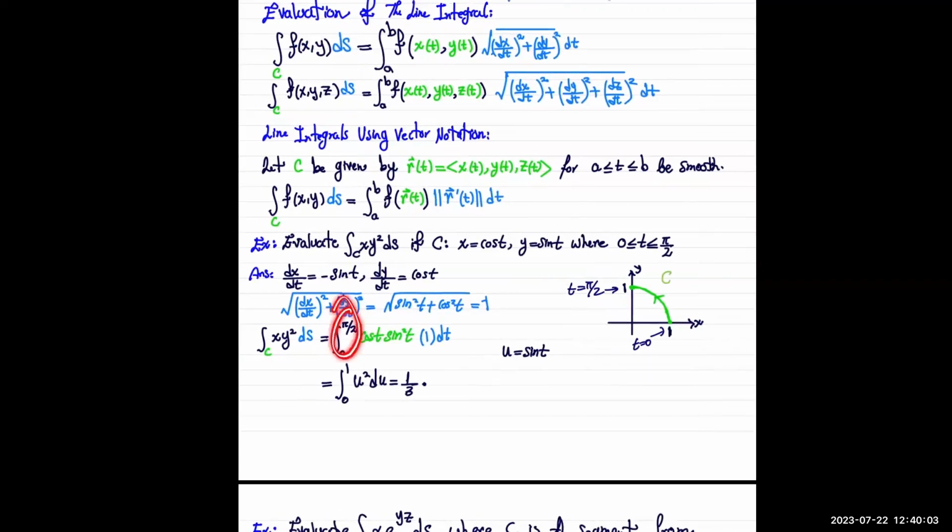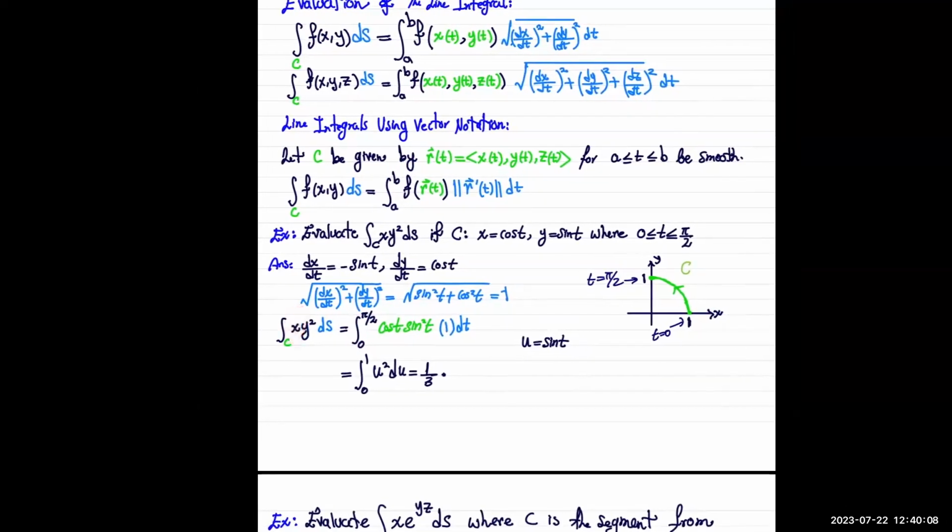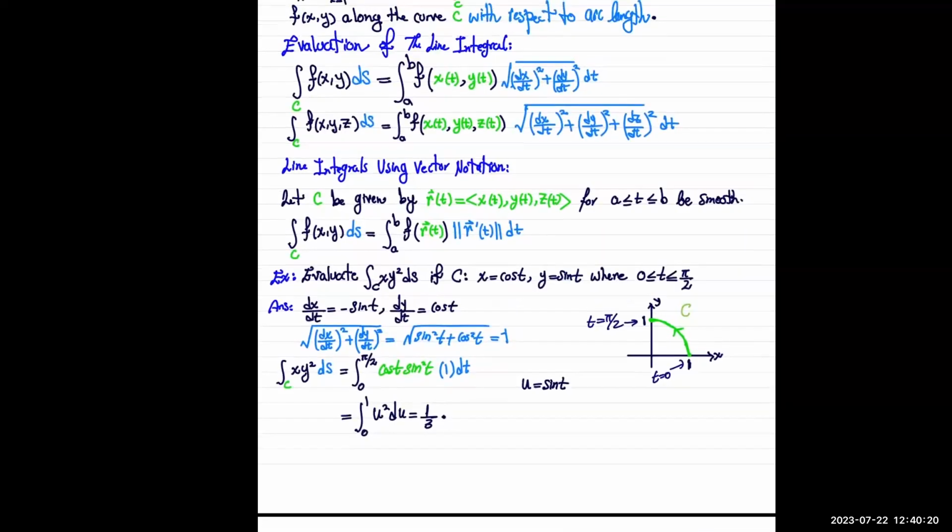Then x is replaced by cosine of t. This is y squared, y is replaced by sine of t, so you get sine squared t. And then we need ds. ds is the square root of dx dt squared plus dy dt squared, which is just 1 dt.